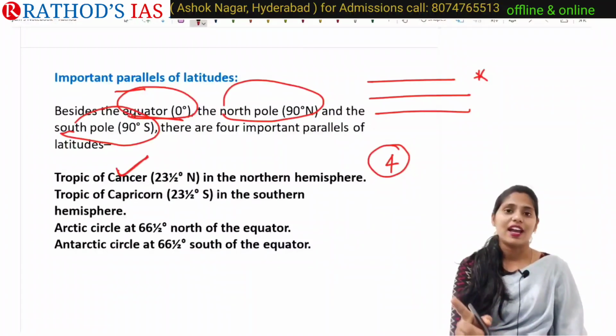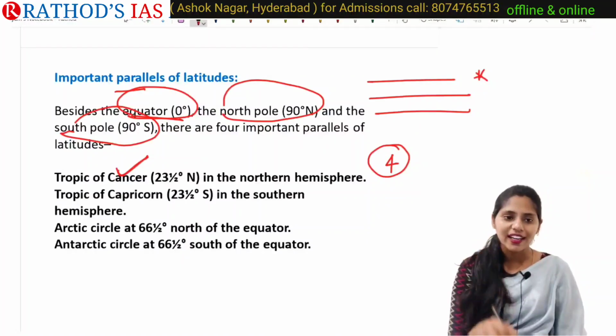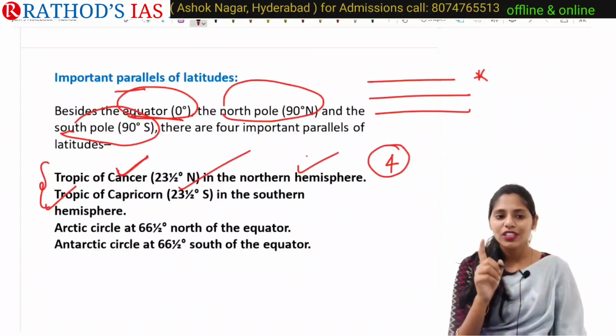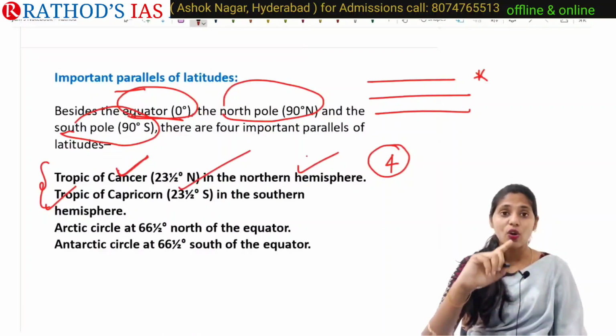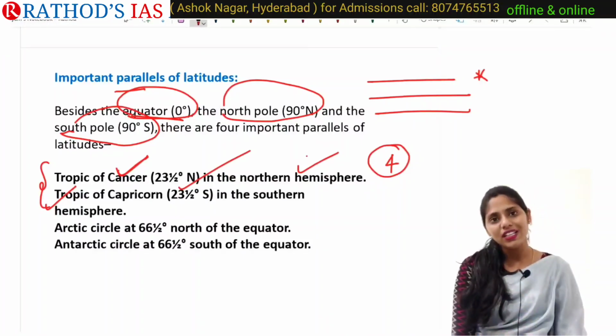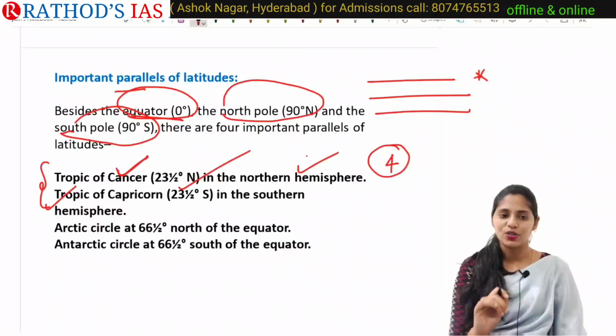In the winter solstice, sun rays fall directly on the Tropic of Capricorn. So you need to remember both. The Tropic of Cancer is 23.5 degrees north latitude and the Tropic of Capricorn is 23.5 degrees south latitude.